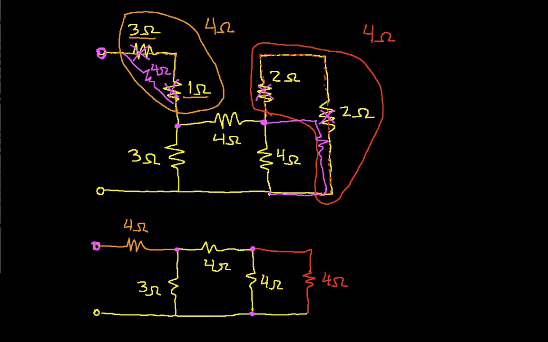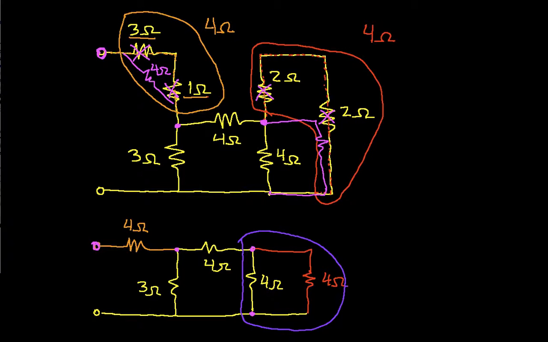Okay, so we've simplified the circuit quite a bit by finding 2 series resistor combinations. So now if I look at the simplified circuit and try to find resistors that I can combine into an equivalent resistance, I notice that these 2 4 ohm resistances are in parallel.